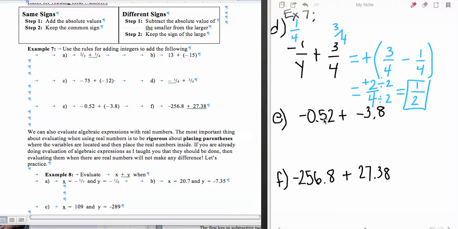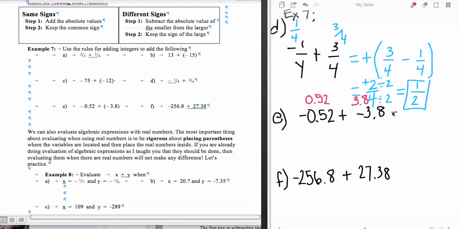So the first thing I do is I'm going to write the absolute values. The absolute value of a negative is a positive, or a value without a sign, 0.52, and the absolute value here is a 3.8. Now because these are the same signs, right, same signs or like signs, I'm going to be adding these two numbers together.